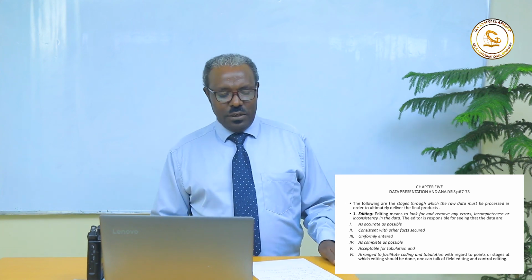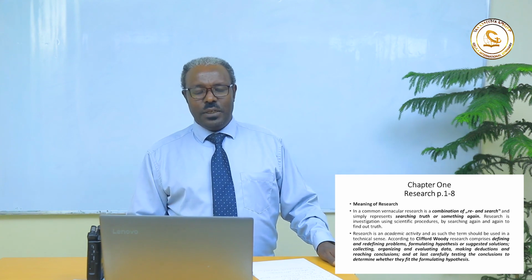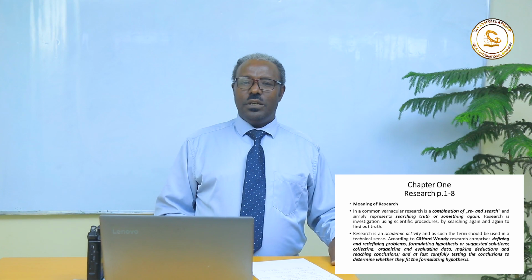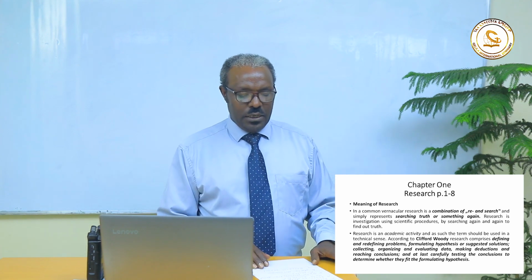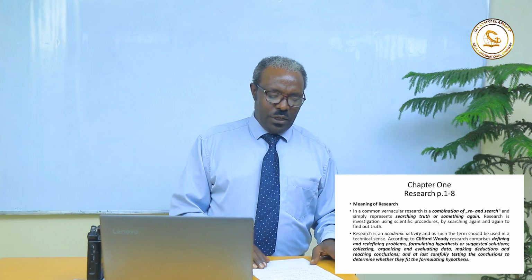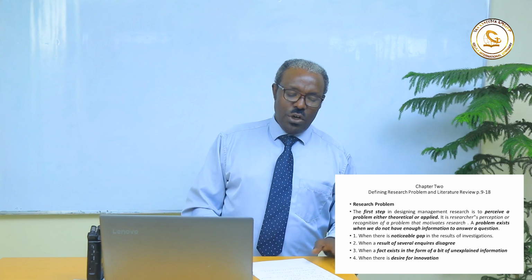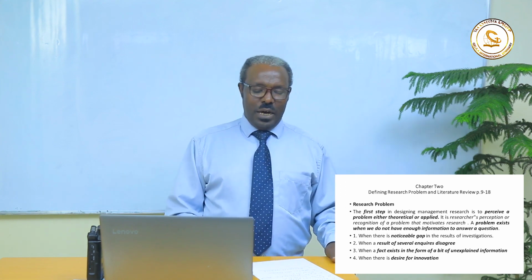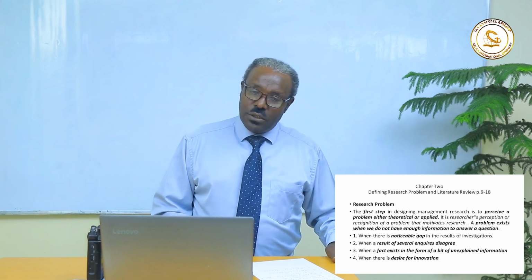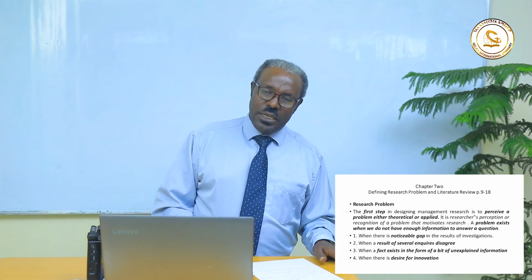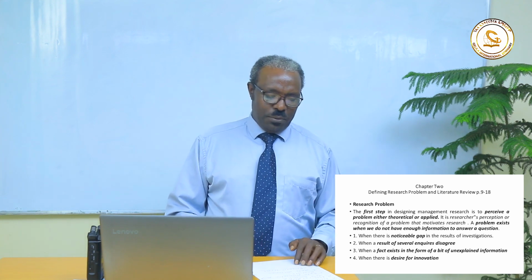In chapter 1, we discussed the concept of research, the types of research, the research outline, the objectives of the research, and the qualities of the research. In chapter 2, we discussed the research problem, that means research topic, literature, proposal, and components of a proposal.